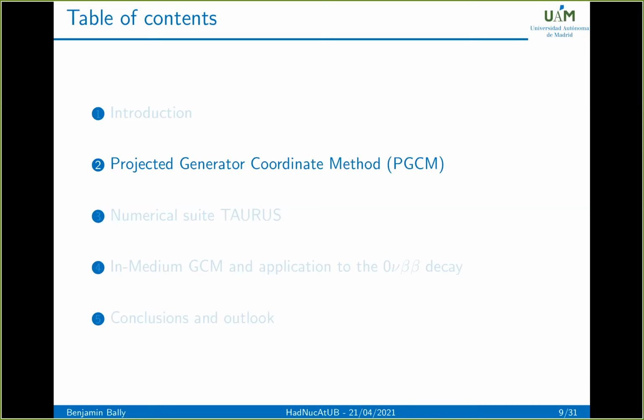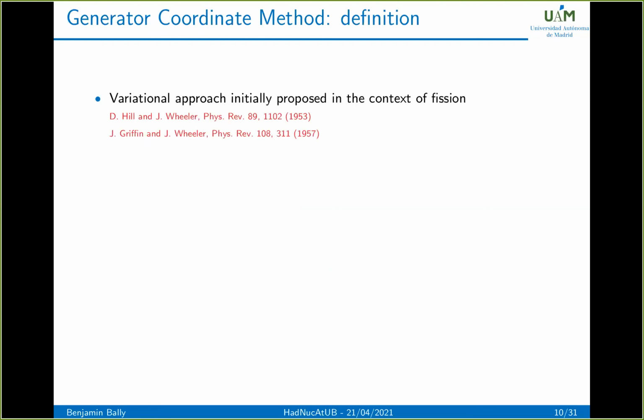And so first, what exactly is the projected generator coordinate method? It is a method that was initially proposed in the context of fission by Hill, Wheeler, and Griffin, the famous John Archibald Wheeler, better known for his work on black holes and general relativity.